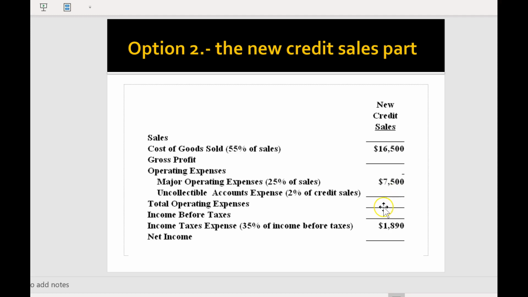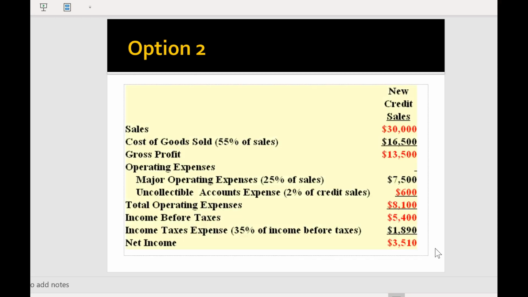Now, if we consider extending credit sales, the new credit sales will be 30,000. You can pause the video here and calculate the numbers. I'm going to review the numbers for you in my next slides. Okay, so the new credit sales are 30,000, cost of goods sold is 55% of this 30,000, that's 16,500. So on and so forth, you could calculate everything the same as before.